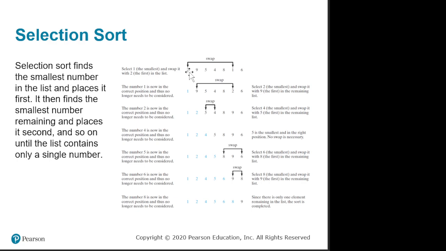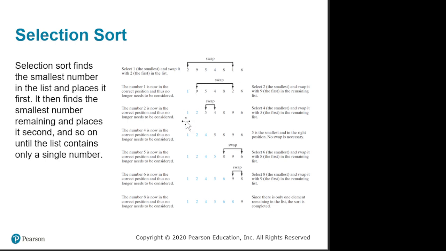So you start with 2, it's your smallest number, and you look at your next number. 9, is it smaller than 2? No. 5, is it smaller than 2? No. 4, is it smaller than 2? No. 8, is it smaller than 2? No. 1, is it smaller than 2? Yes. Then it plops 1 into the first spot and 2 into the spot where 1 was. It swaps them.